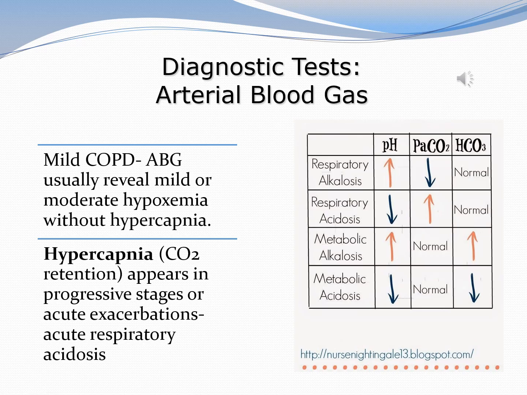One way that we can measure a patient's severity in COPD is by checking an arterial blood gas. So an arterial blood gas measures the acidity, or the pH, and the levels of oxygen and carbon dioxide in the blood taken from an artery. This test is used to find out how well the lungs are able to move oxygen into the blood and then remove carbon dioxide from the blood.